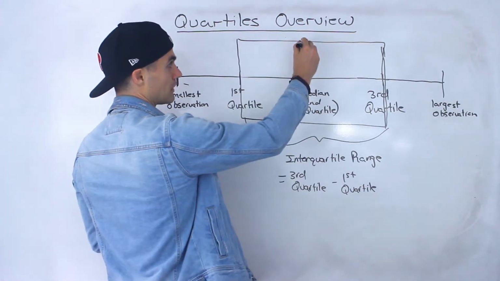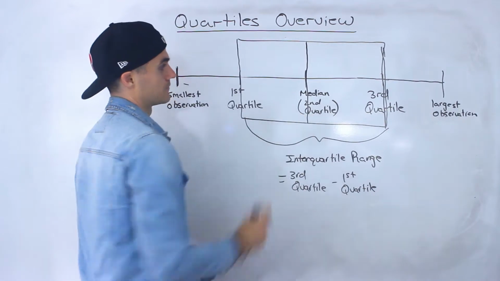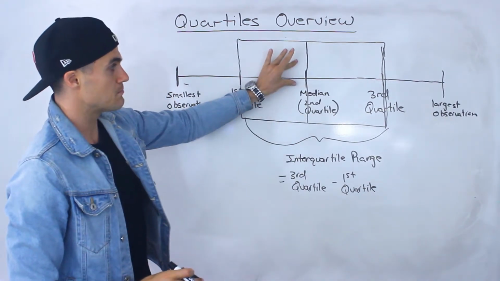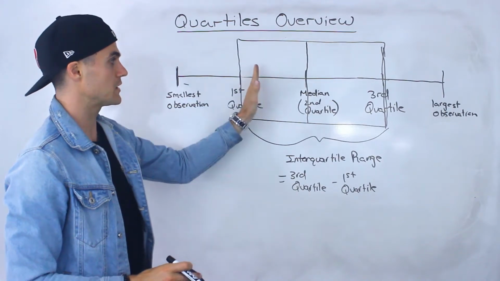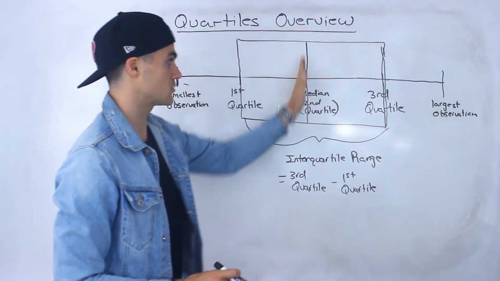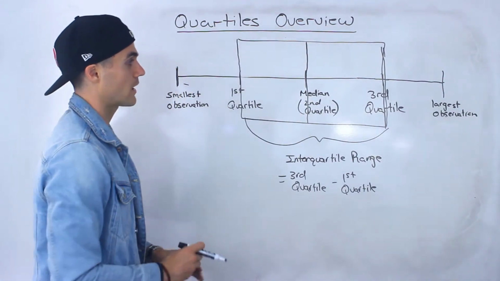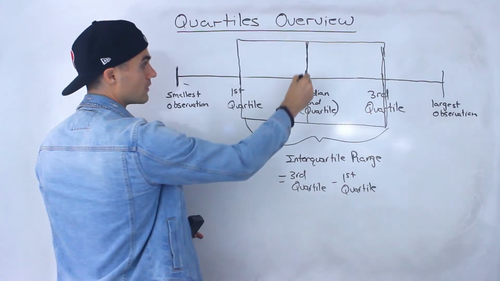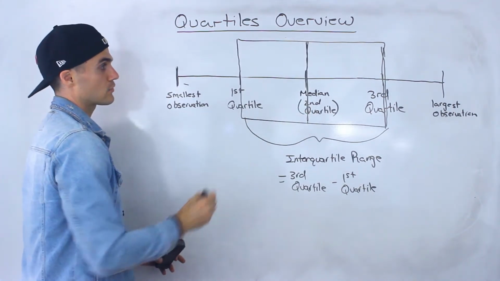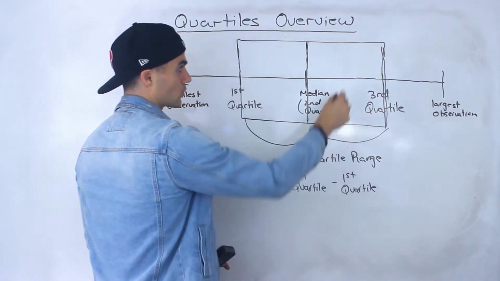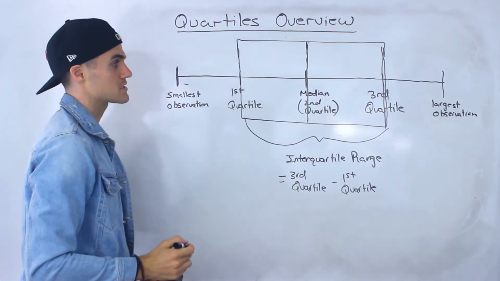And then we also put a line through the median, because there are going to be sets of data where this median line, this second quartile, is going to be closer to the first quartile. Sometimes it'll be closer to the third. Sometimes it'll be more so in the middle, like in this diagram. So just to visually represent the data a bit better, we put a third line through. So there are 3 lines here: first quartile, second quartile, third quartile, and then that's just a box there.